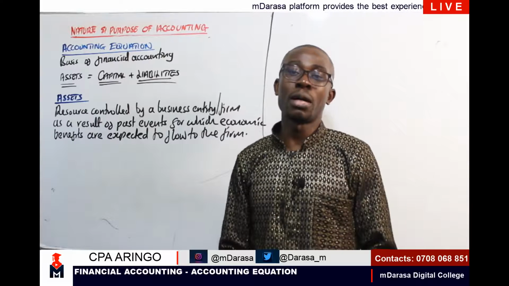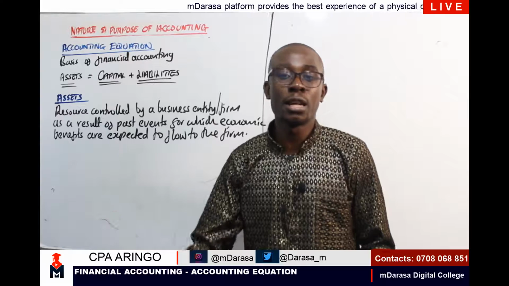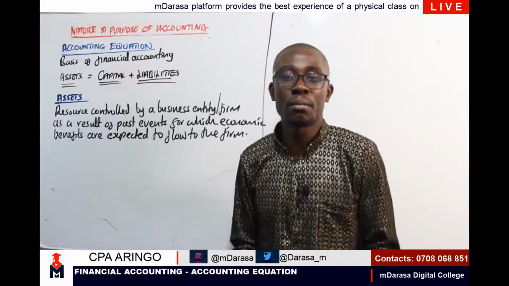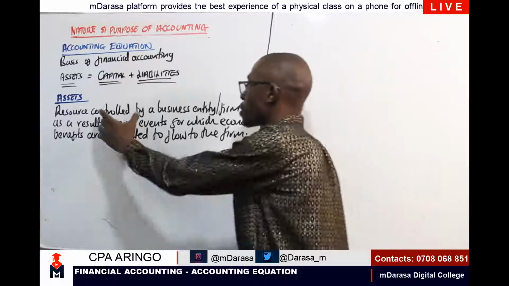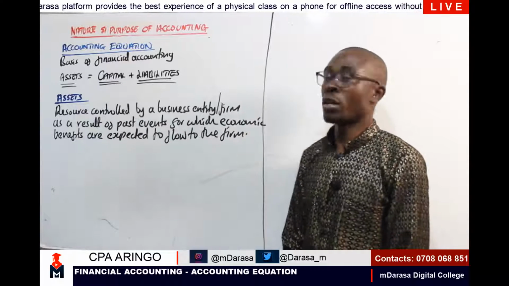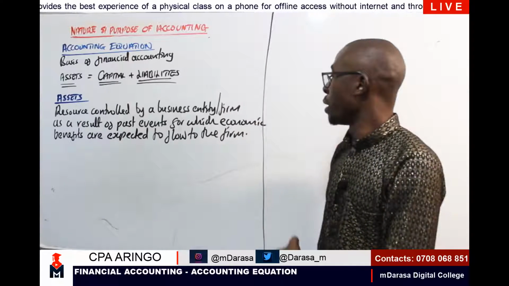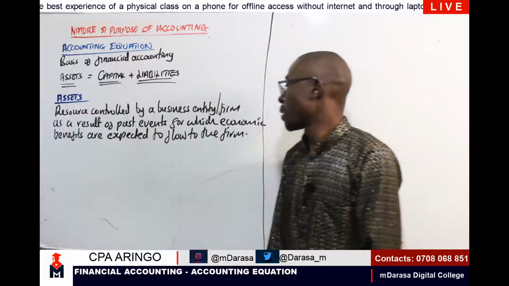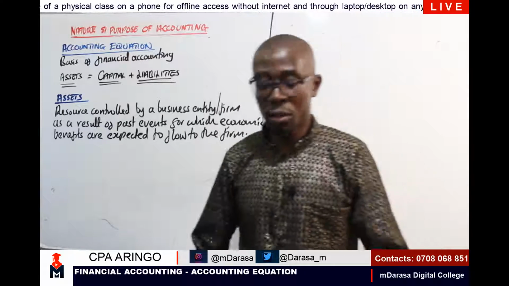In that case, that is revenue that has been generated to the firm. So you should understand, first of all, that an asset is a resource controlled by a business entity or a firm as a result of past event for which economic benefits are expected to flow to the firm.